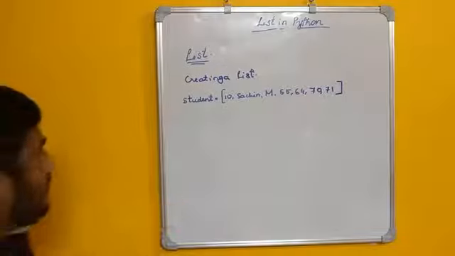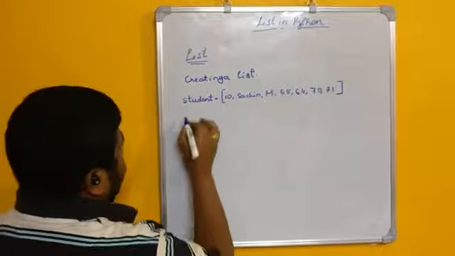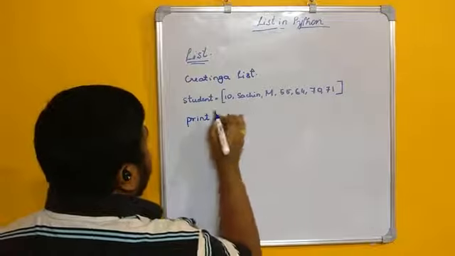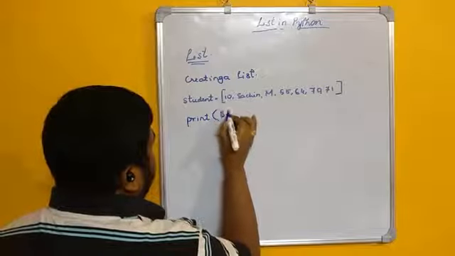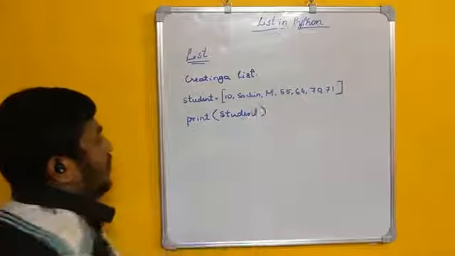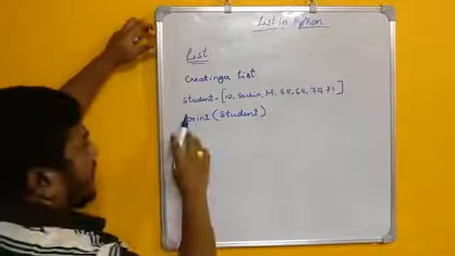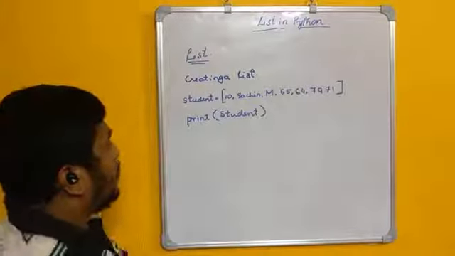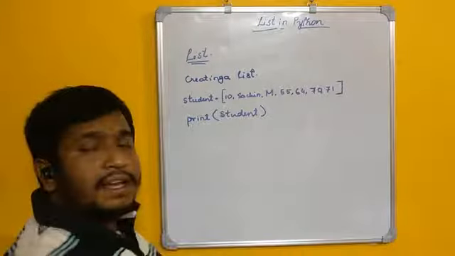So print this list. What I have to do? First I have created the list with the name student and these are the elements. So I have to print these elements.